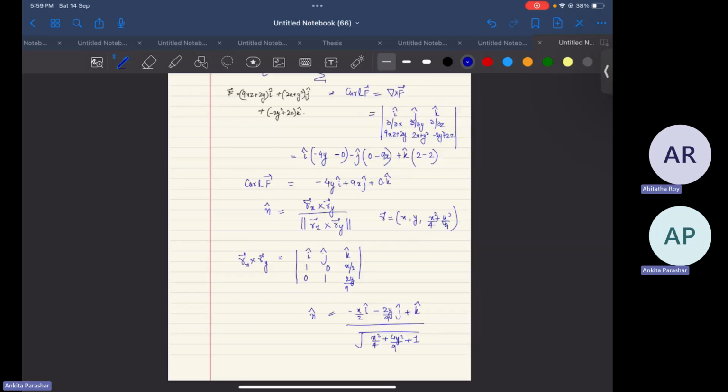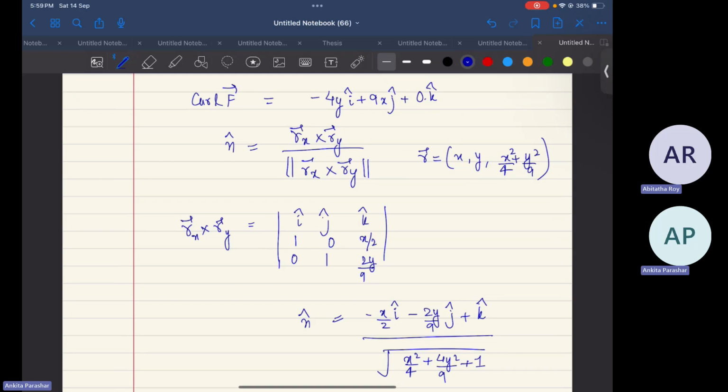Okay, let's just compute curl F dot n. This is the first thing we have to do. You have curl, you have n. Can you do the dot product? Minus 2xy, 0.